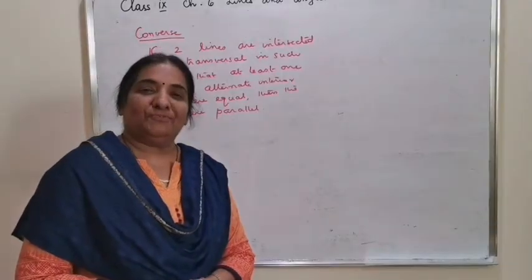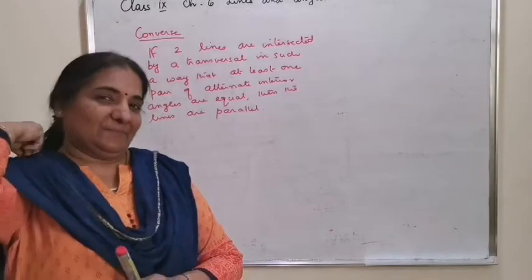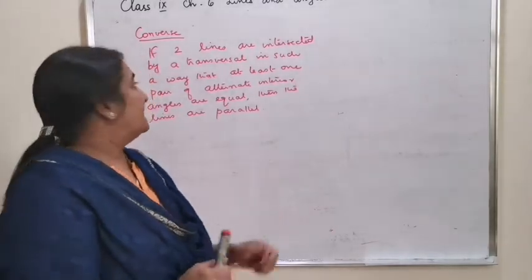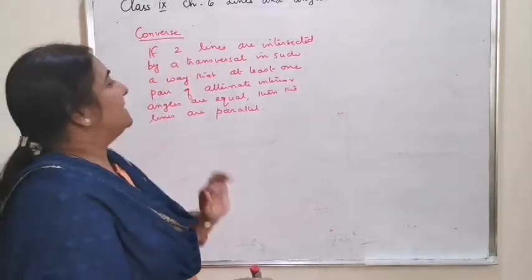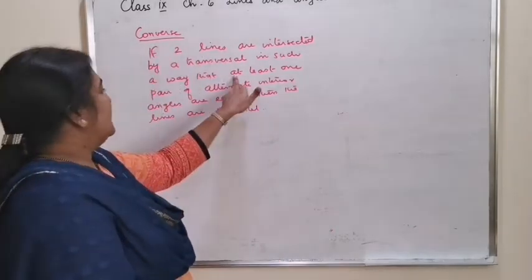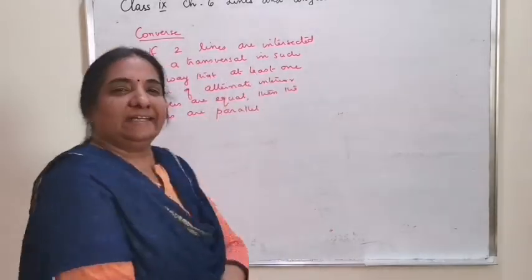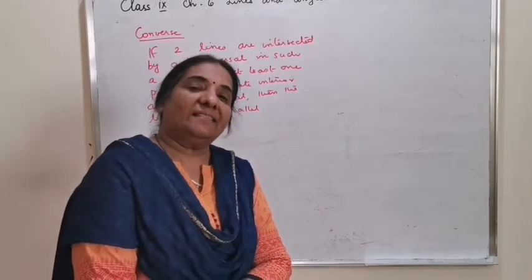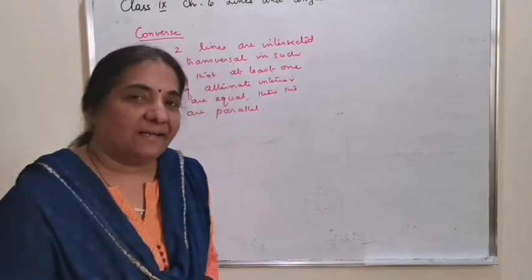How do you prove the converse of this theorem? It is given that if two lines are intersected by a transversal in such a way that at least one pair of alternate interior angles are equal, then the lines are parallel.